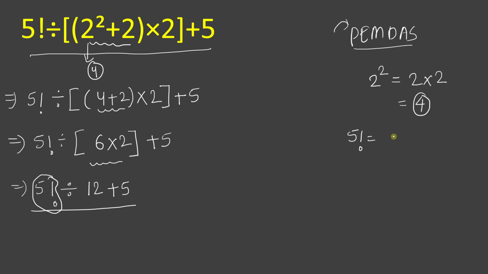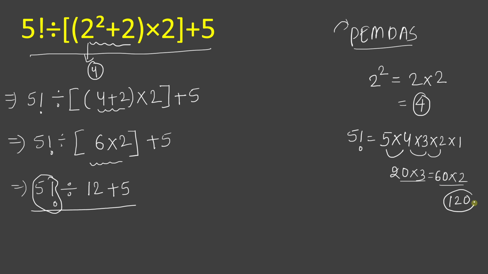And when we expand 5 factorial, this is nothing but 5 times 4 times 3 times 2 times 1. 5 times 4 equals 20, and 20 times 3 equals 60, and 60 times 2 equals 120, and 120 times 1 will be 120. So 5 factorial will give the value of 120.